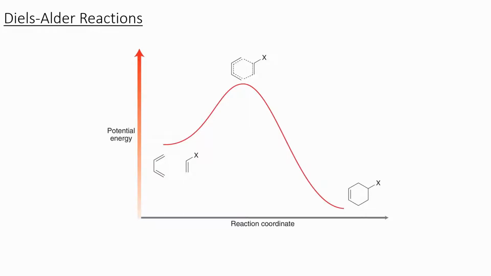First, let's look at the reaction coordinate diagram for this reaction. Our starting materials, the diene and the dienophile, will have one transition state that involves all 6 pi electrons moving in a circular fashion. So we form a full ring of electron movement, and then we have a product that's thermodynamically favored, which is an alkene inside of a cyclohexane.